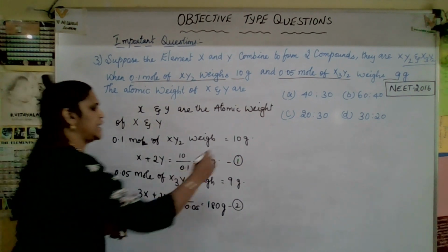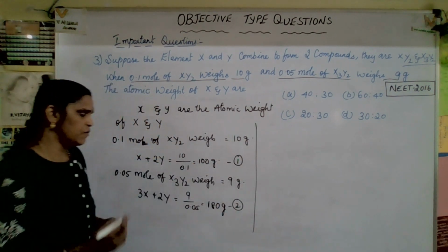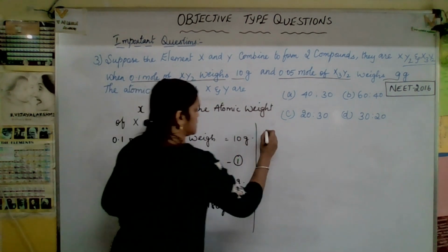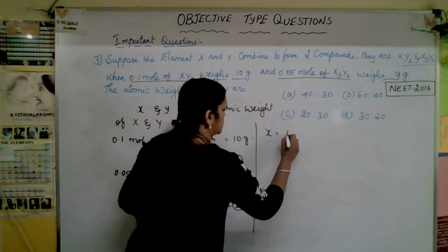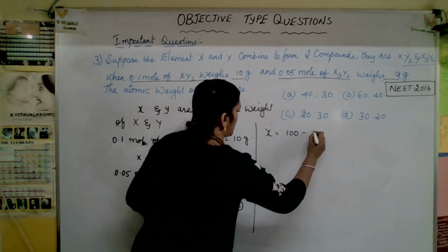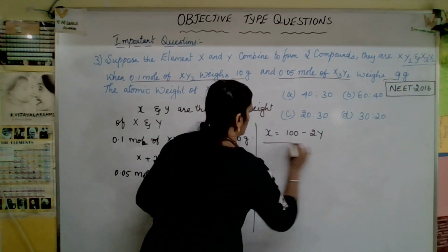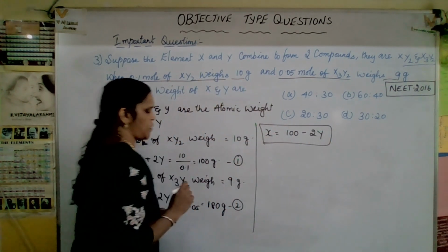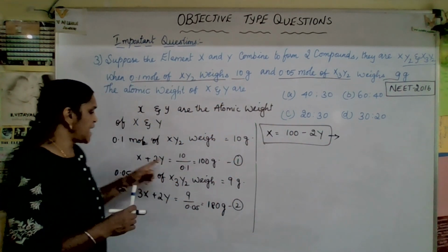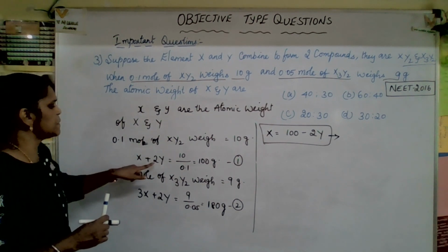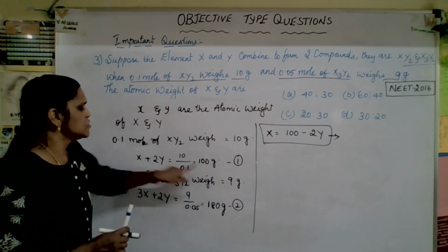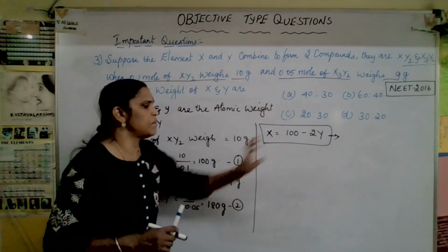Now let us go and apply the value of x. x equal to 100 minus 2y. We can take this equation, the same equation, x plus 2y equal to 100. So x equal to 100 minus 2y.